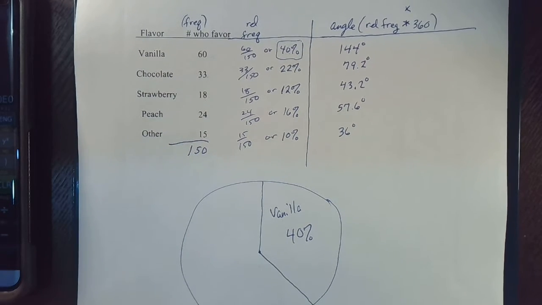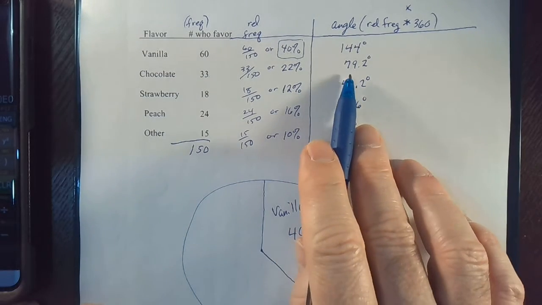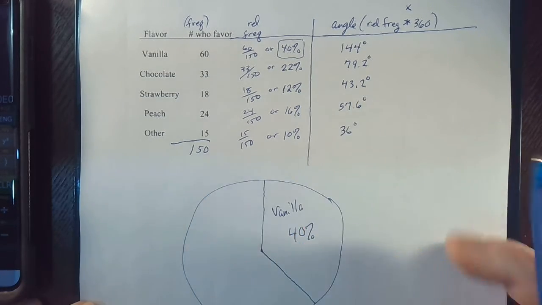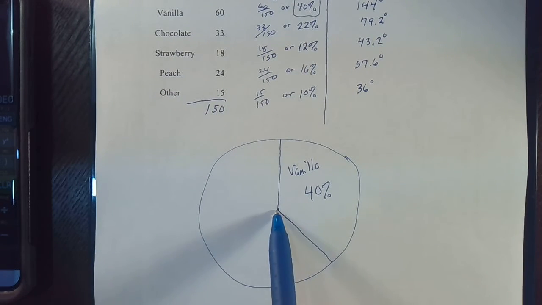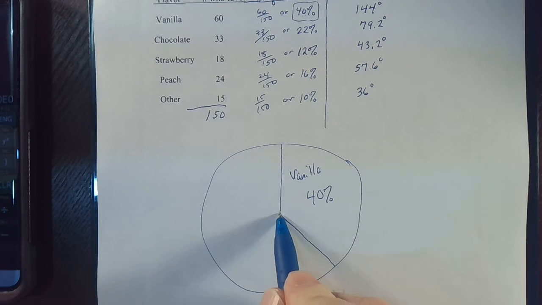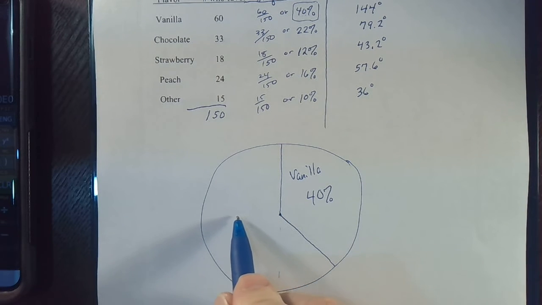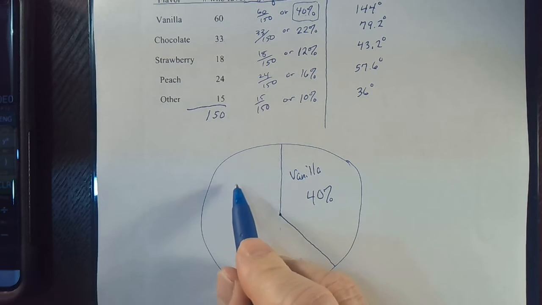All right, so now let's look at chocolate. Chocolate was 79. That's really close to 80 degrees. All right, so what I'm going to do is go on this side. Let's put it right here. 90 degrees would be putting a horizontal line segment going this way. That'd be 90 away from here.